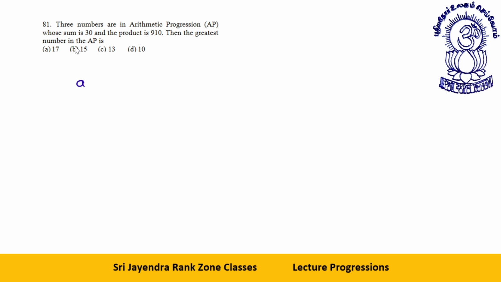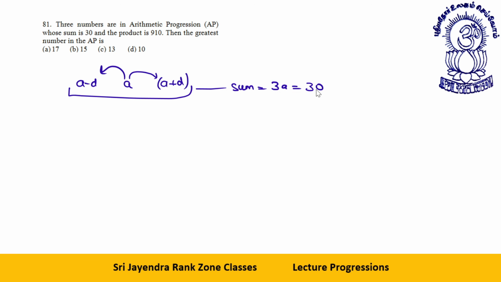Then the greatest number in the AP is? See, when you have three numbers, what you do? You take the middle number as a, the number preceding this as a minus d, the number after this as a plus d. Now, their sum will be what? Without adding, I will say their sum is equal to 3a. This is given to you as 30. So a is equal to 10.